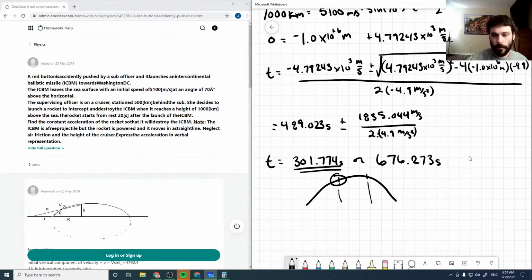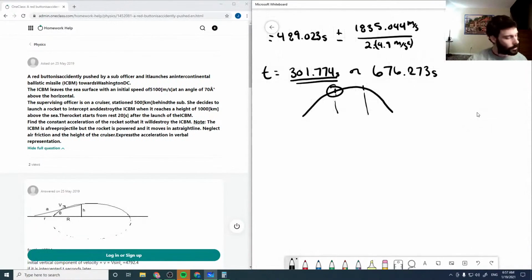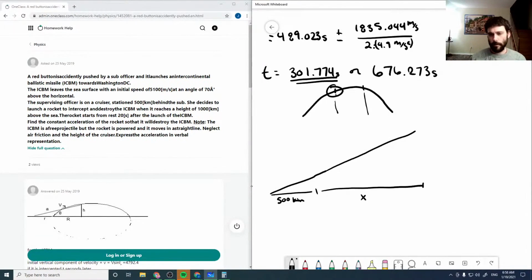To get the distance now that our rocket has to travel, our rocket needs to travel a distance of 500 kilometers plus our x for the ICBM, and then in the y is the 1,000 kilometers.